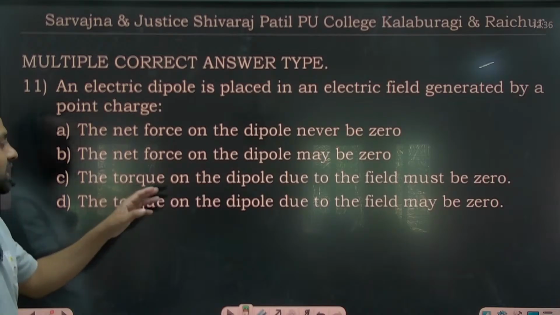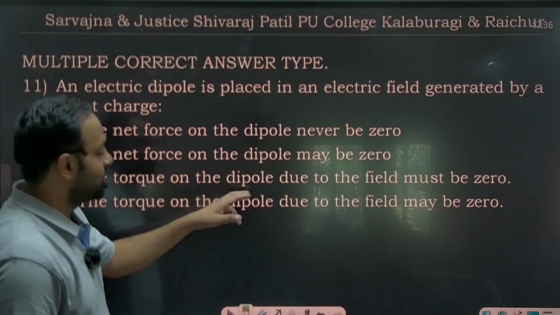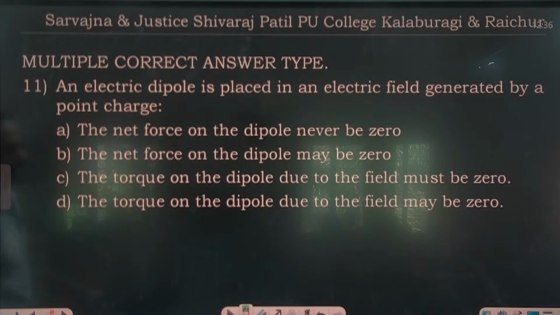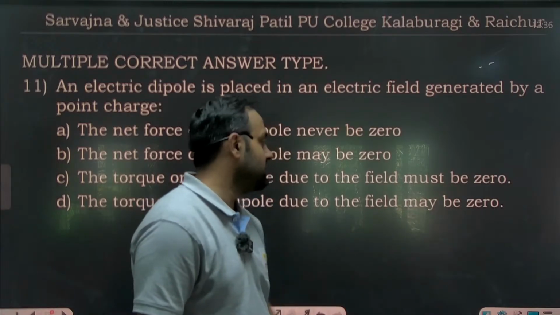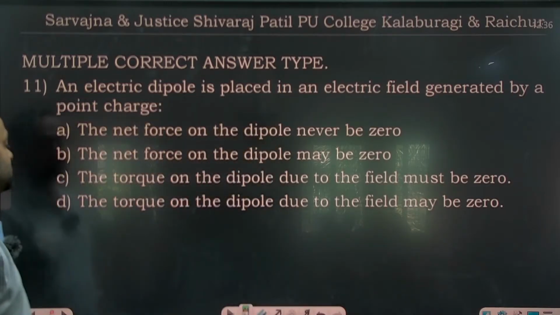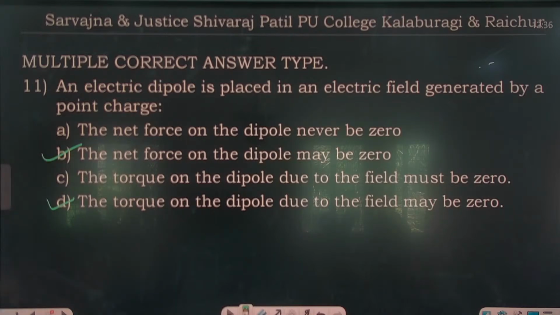The torque on the dipole due to the electric field must be 0? No. Option D: the torque on the dipole due to the electric field may be 0. Yes. The net force on the dipole can never be 0? The net force on the dipole may be 0.